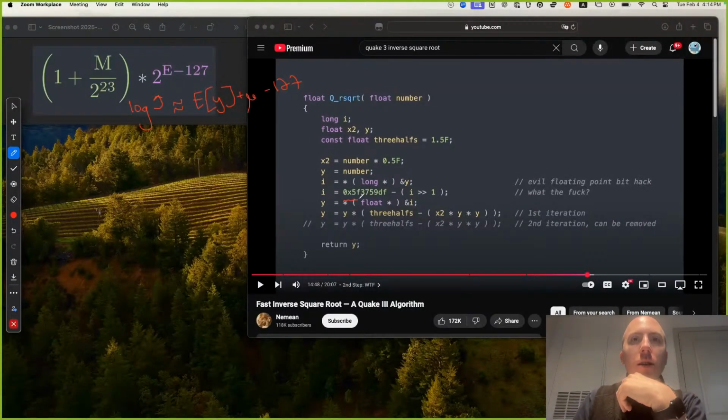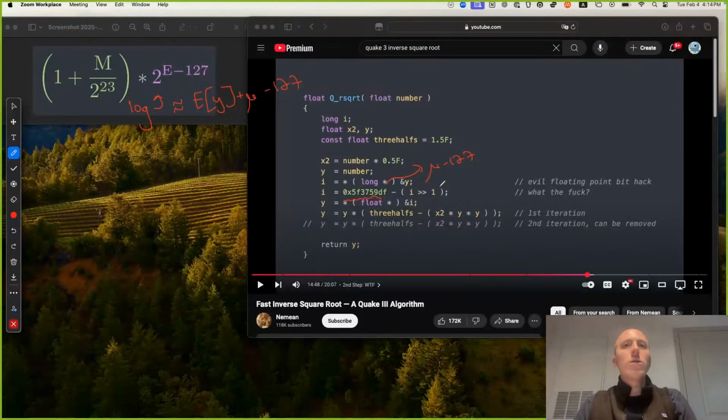That's probably this right here. This right here is probably mu minus 127, this value here. I don't know why he's just shifting it over by 1. I guess we'll find out in a minute.